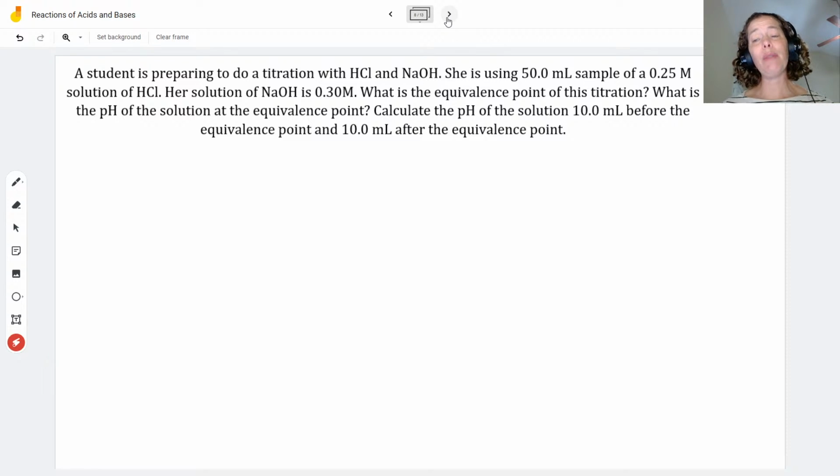And then calculate the pH of the solution 10 milliliters before the equivalence point and then 10 milliliters after the equivalence point. So what this is basically, well, I think of it as three different calculations. A calculation at the equivalence point, a calculation before the equivalence point, and a calculation after the equivalence point.